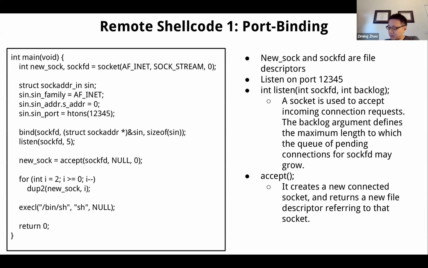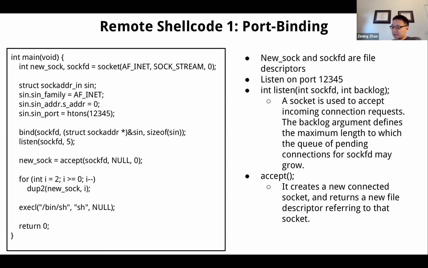So after we trigger the segmentation fault, the attacker obviously eventually wants to fully control the computer or get the flag, right? But in this case, the attacker doesn't really have a local shell there.